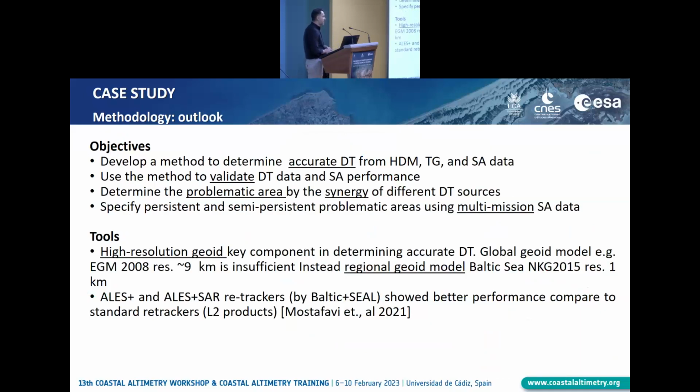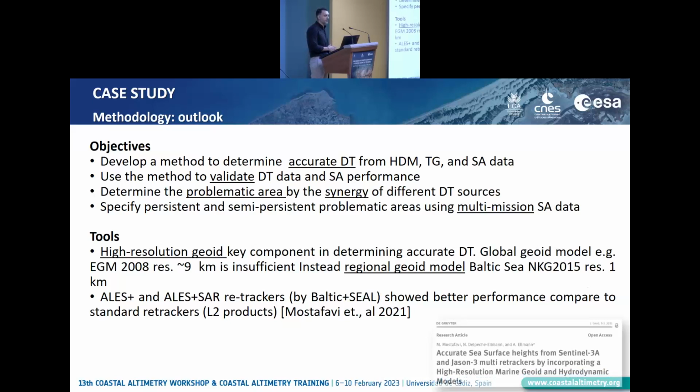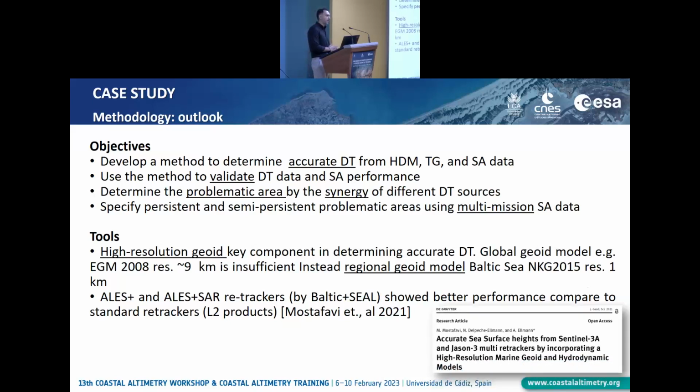So the objective of this study is to develop a method to determine this accurate dynamic topography along the track, and then use the model to validate this dynamic topography, and then finally to determine some specific problematic area with persistent or semi-persistent behavior by synergy of this data set.